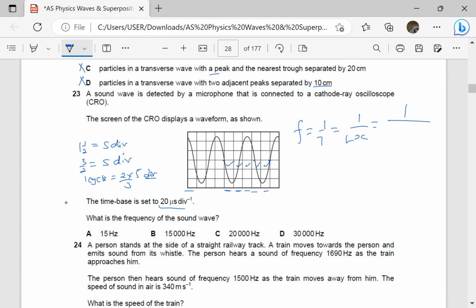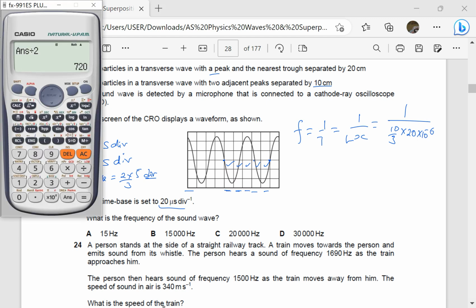1 cycle takes 2 times 5 over 3 divisions, which is 10 over 3 divisions. So let's find now the frequency. It is going to be 10 over 3, that is the length representing 1 cycle, times the time base setting, which is 20 micro, times 10 power negative 6.